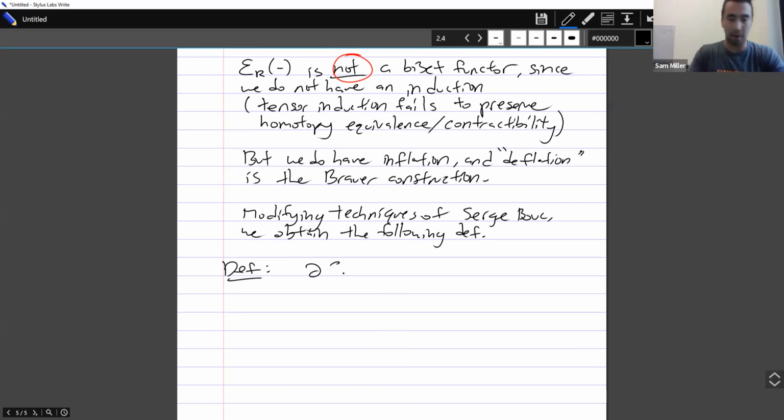So we'll denote this by the partial E_K(G), and this will be a subgroup of E_K(G), which will be the intersection of all kernels of normal p-subgroups, except for one. We'll take the kernel of the map that's induced by the Brauer construction.